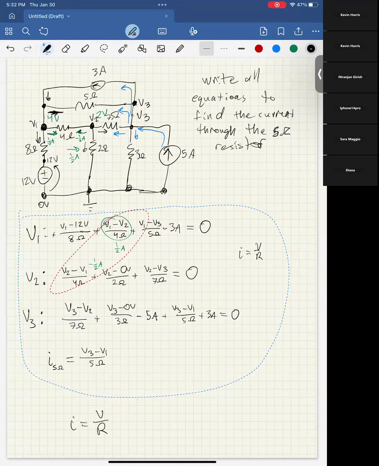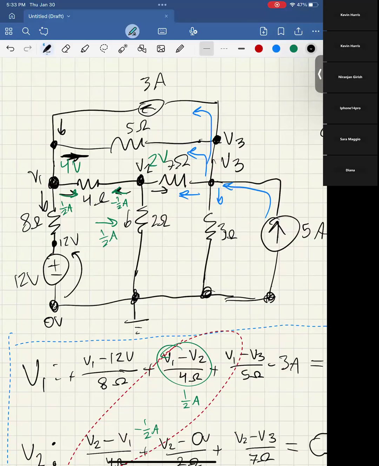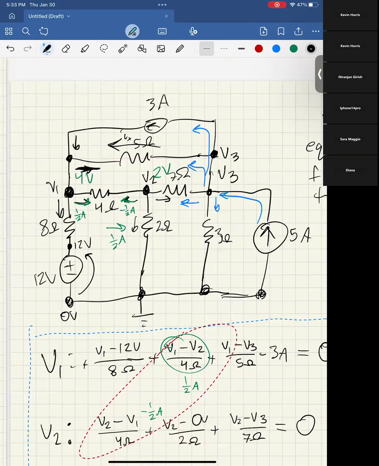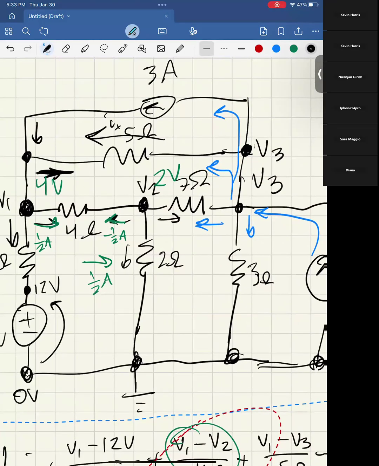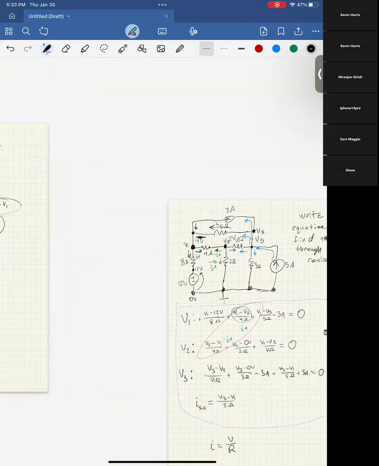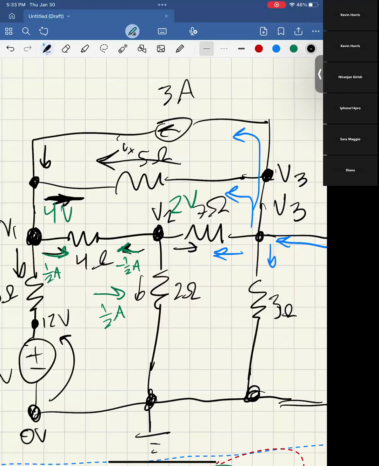The voltage across this resistor is V3 minus V2 or V3 minus V1. If you got this question, it would probably give you an arrow labeled IX and ask you to find IX. So IX in this case would be V3 minus V1 over 5, just because that's the definition.